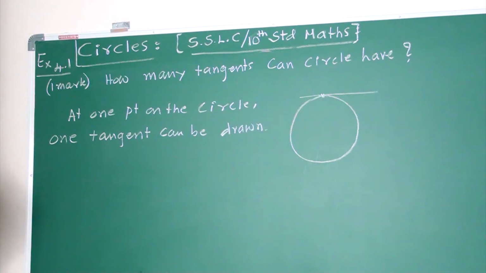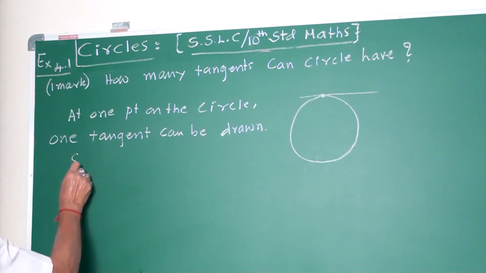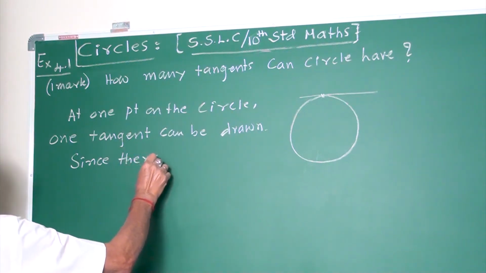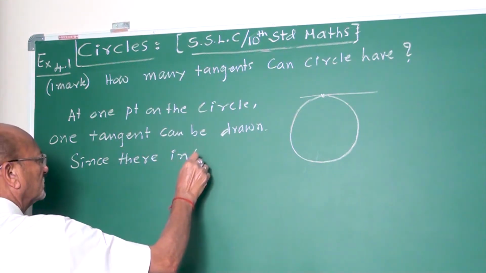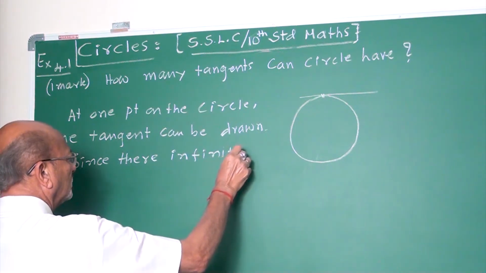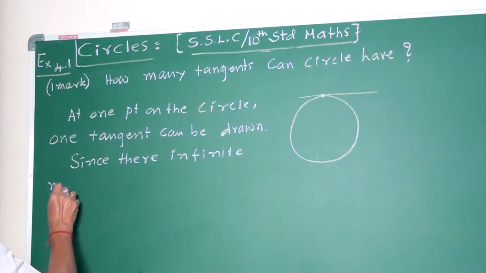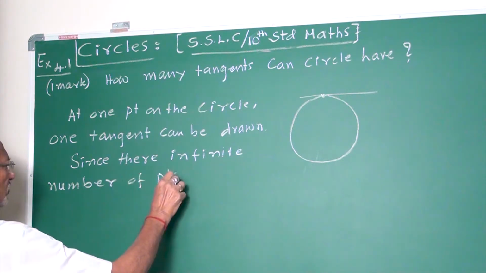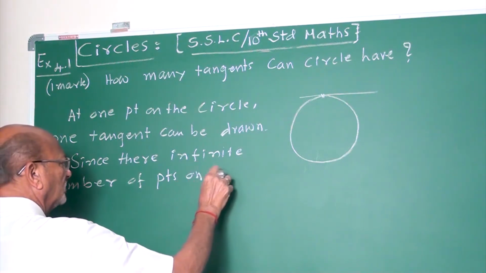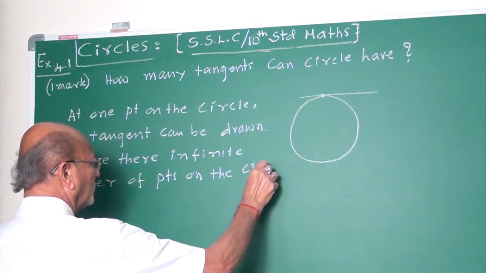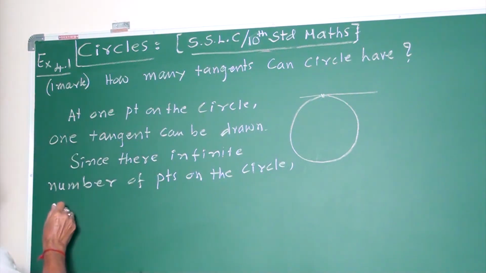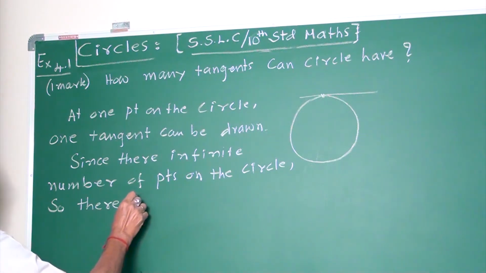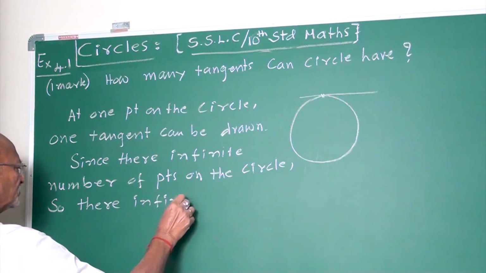Then how many points are there on the circle? Since there are an infinite number of points on the circle, there are an infinite number of tangents.